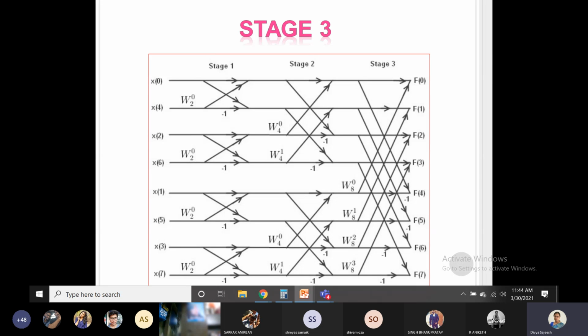Like that we will stack the basic butterfly diagram to obtain the final DFT. If you see the process, you may not understand how to obtain the DFT, but understand that there will be 3 stages here, and each stage's computation you have to do separately.